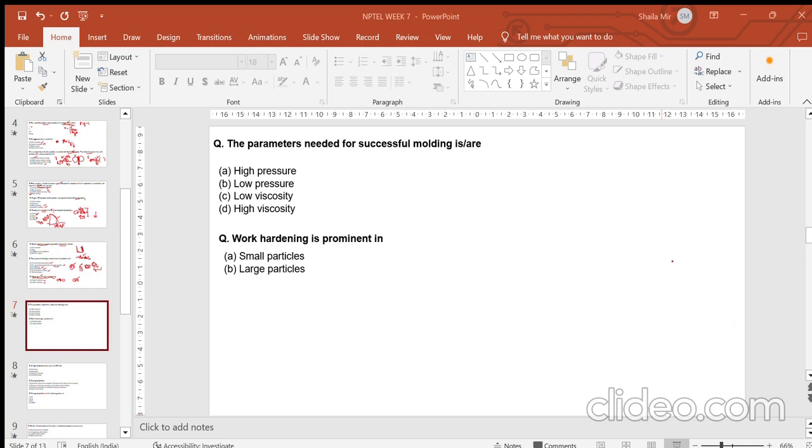Is it clear? Yes, the 20 unit is RPM, revolutions per second.